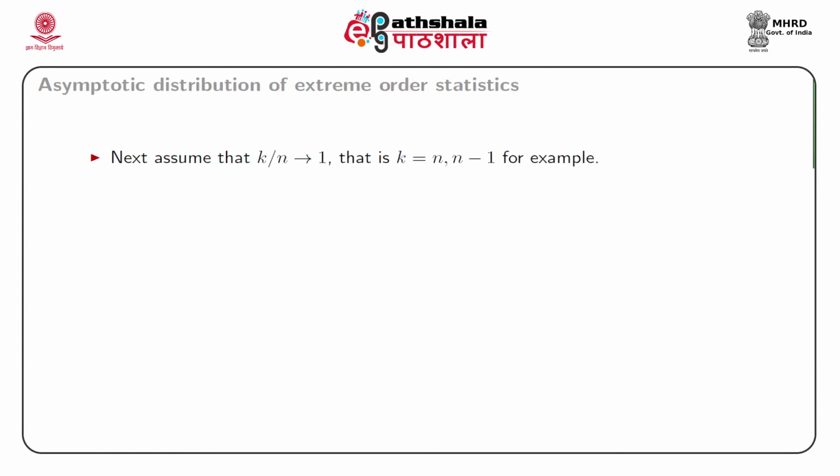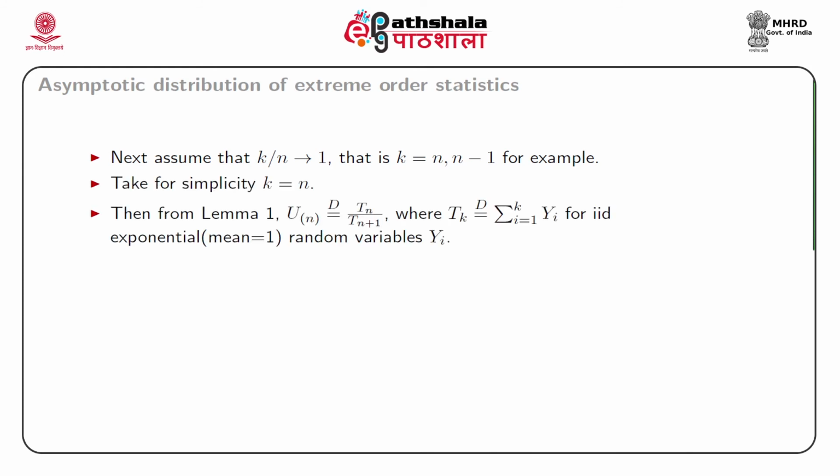Next, assume that k/n tends to 1, that is, k equal to n or n minus 1, for example. For simplicity, we consider only k equal to n. Then from Lemma 1, U(n) has the same distribution as Tn/T(n+1). Then n times (1 - U(n)) has the same distribution as n times (1 - Tn/T(n+1)), that is, Y(n+1) divided by T(n+1)/n.